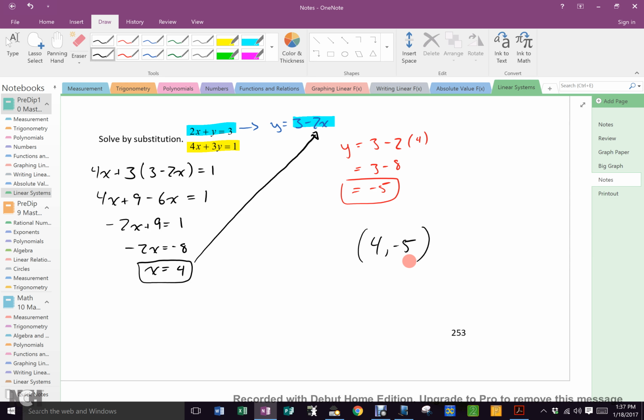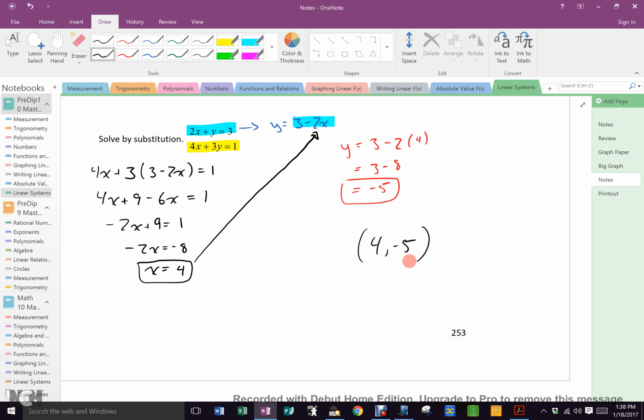Okay. Now listen, please. I showed you 3 methods on the first page, right? We've done graphing, we've done substitution. I've taught math for 17 years now. Every year I teach this unit. The first year I ever taught this, I taught substitution first, and then I taught the next method. And everybody got mad at me. Why don't you teach elimination first? It's way easier.